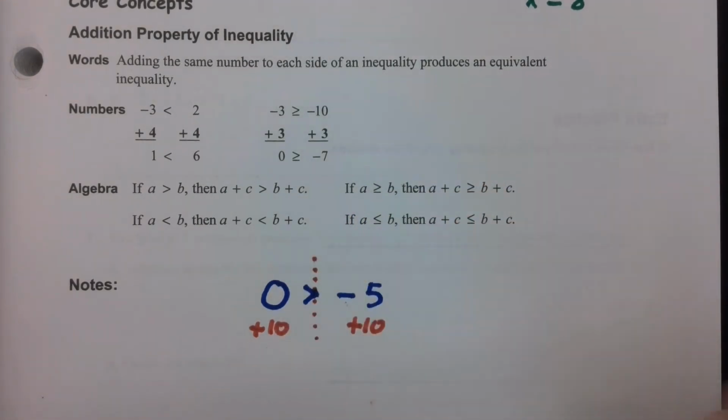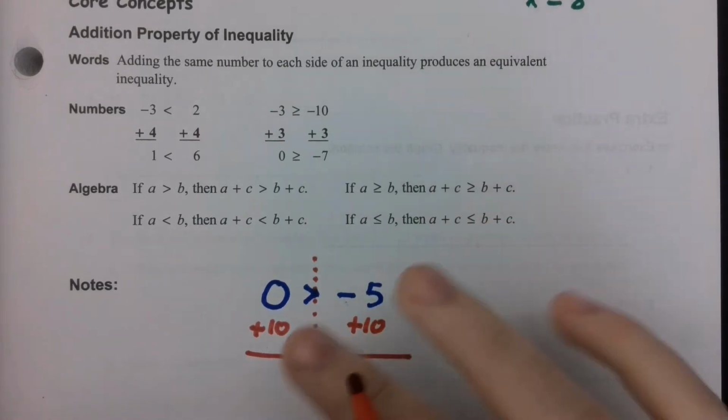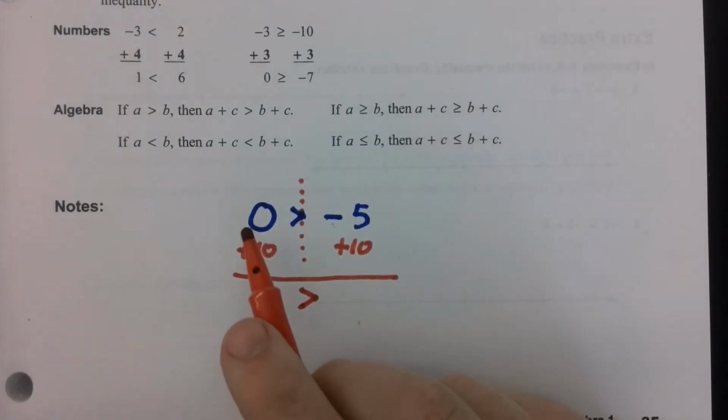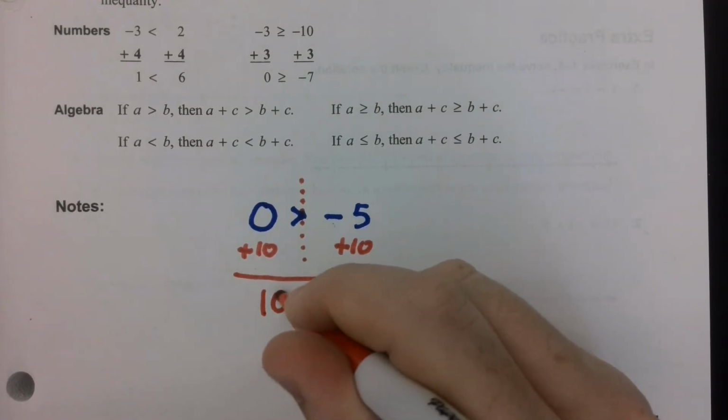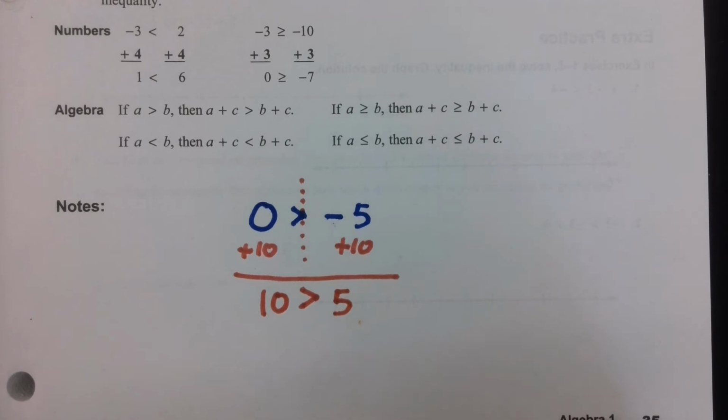Again, we had to do it to both sides. Our inequality symbol is going to stay the exact same for this section. 0 plus 10 will give us 10. -5 plus 10 will give us 5. Is this an equivalent inequality? Is 0 is greater than -5 equivalent to 10 is greater than 5? It may not seem like it, but yes, these say the same thing. These just say a statement of fact.